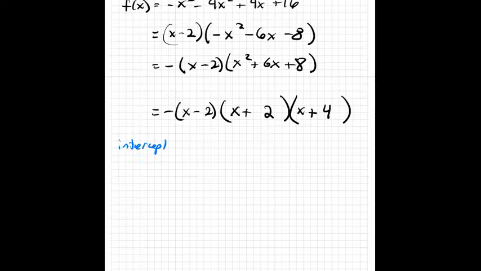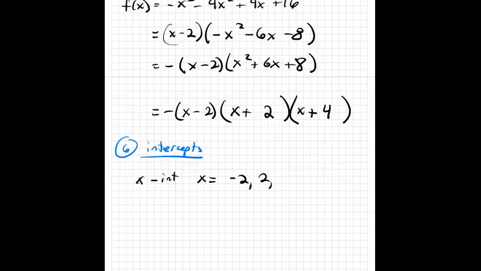We already found the x-intercepts. Let's keep the order. From the first factor, we get 2, then we get -2 and -4.